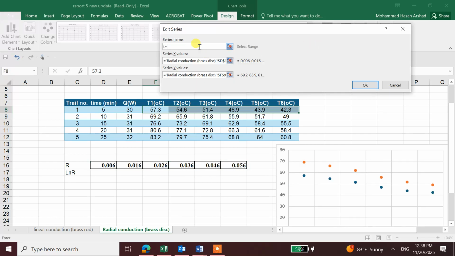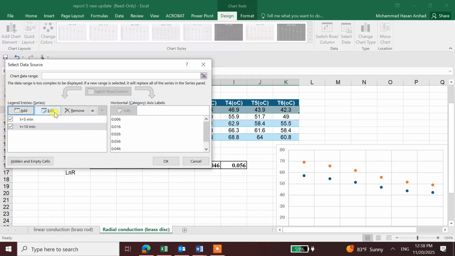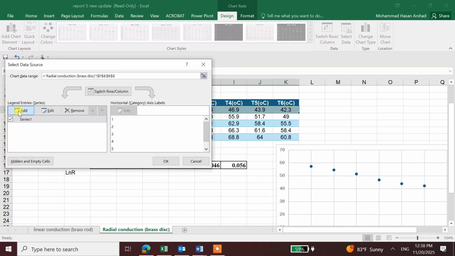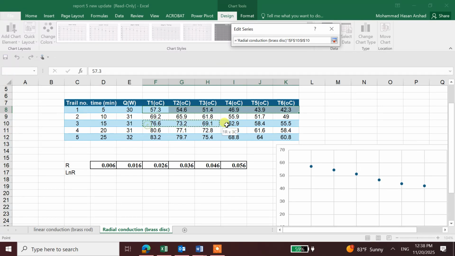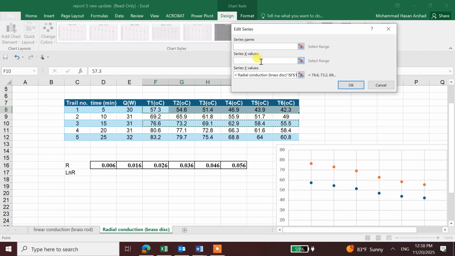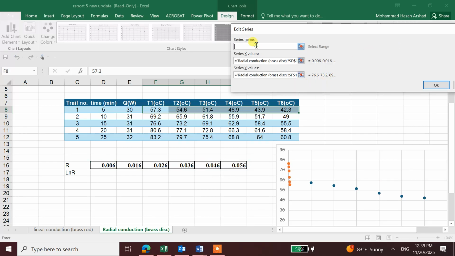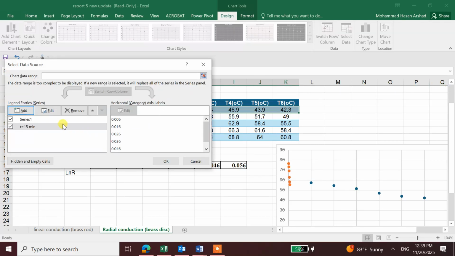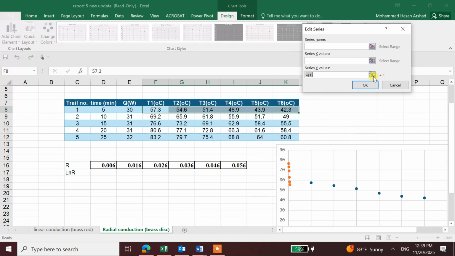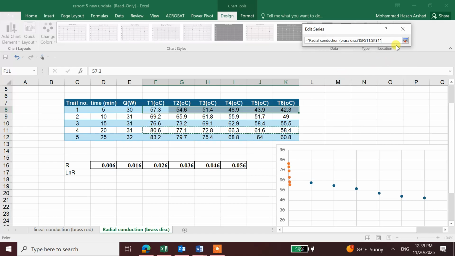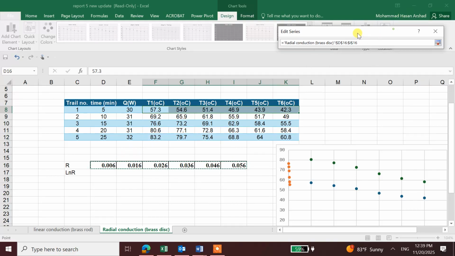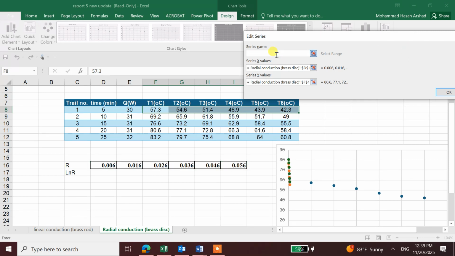This is t equal 10 minutes. And 15. T equal 20.